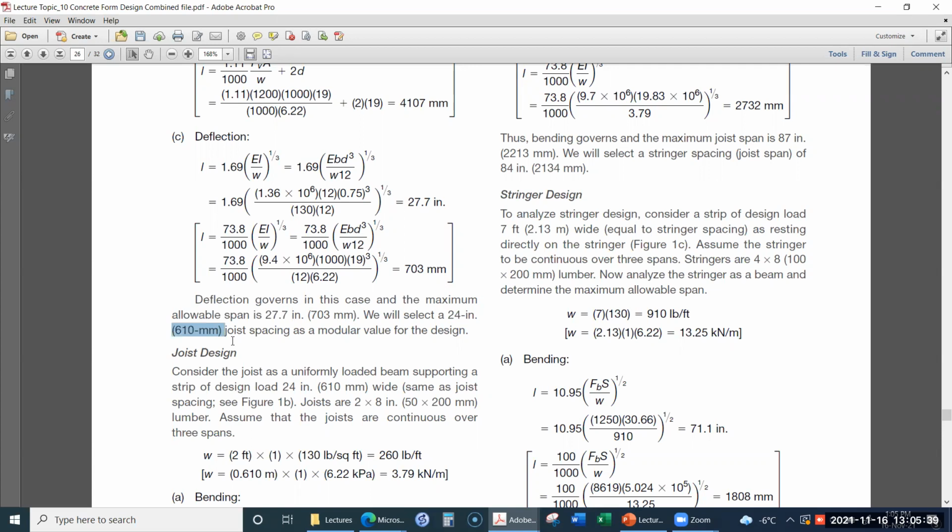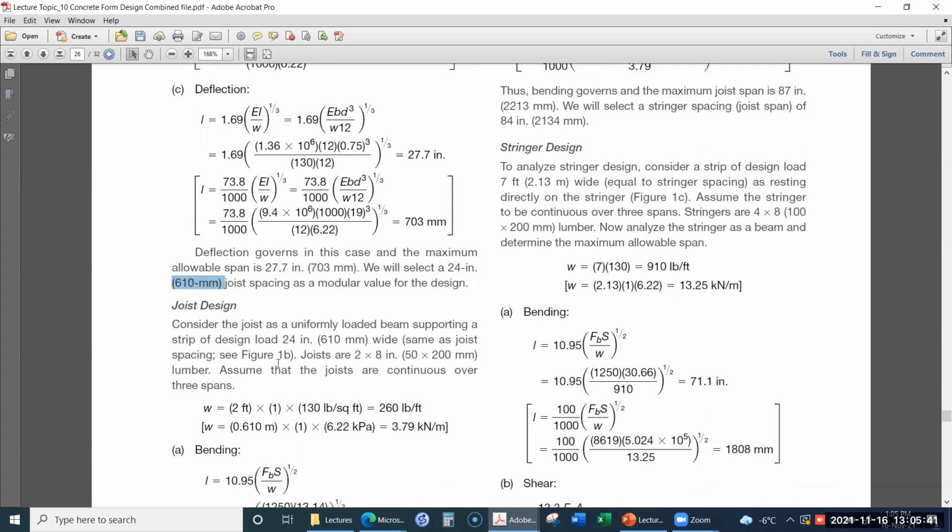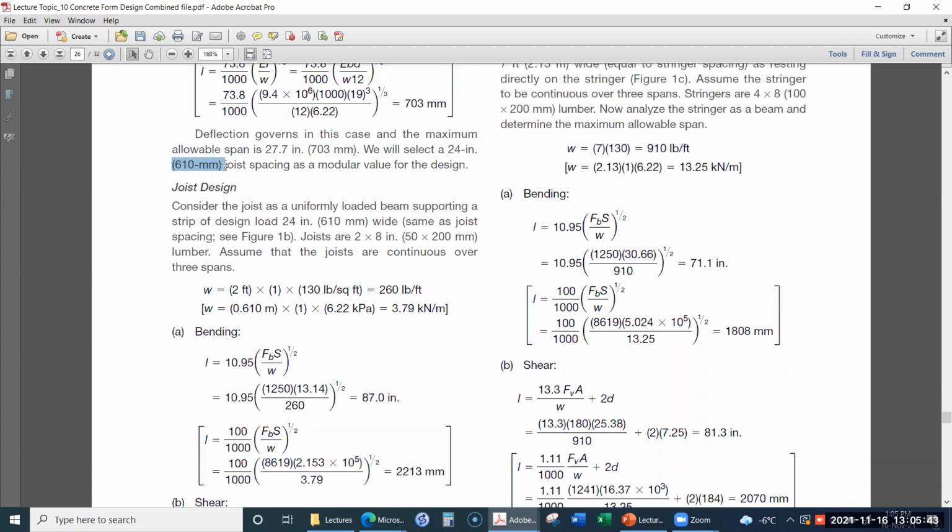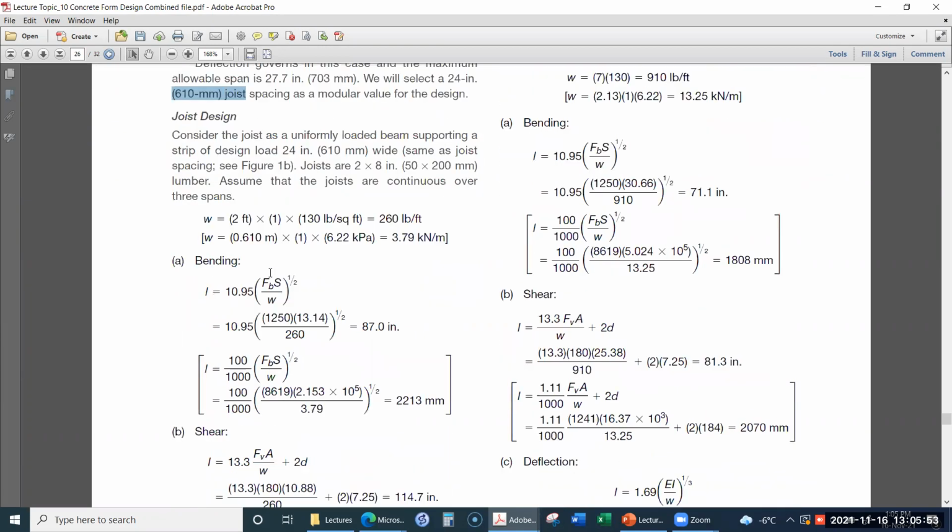Therefore, one component of the design we have calculated is the joist spacing, which is 610 millimeter. So this will be the joist spacing.